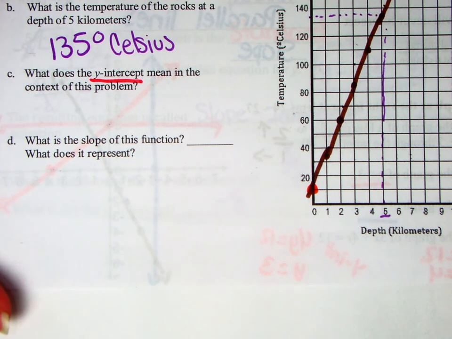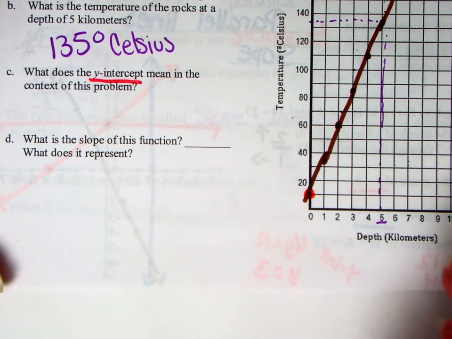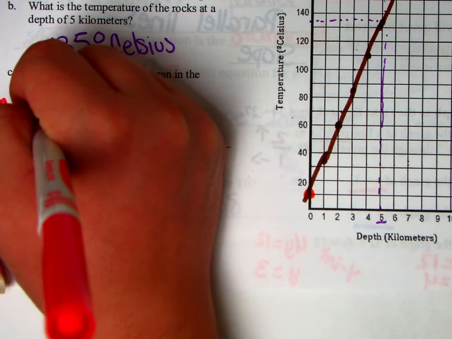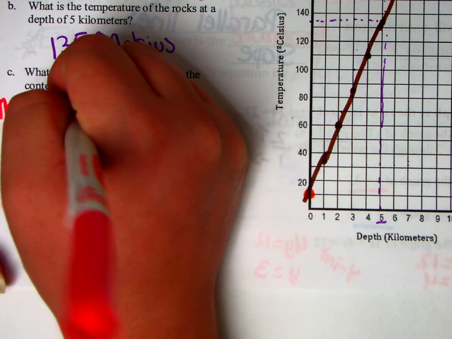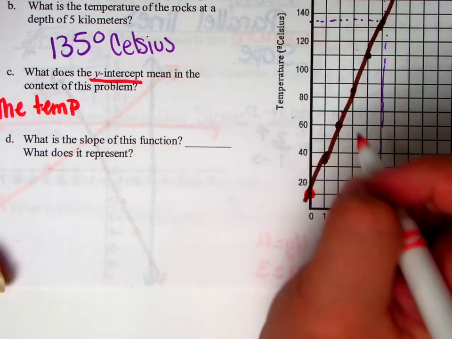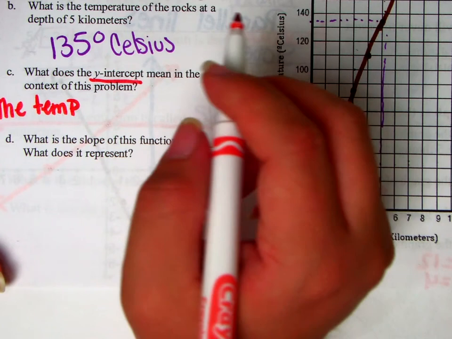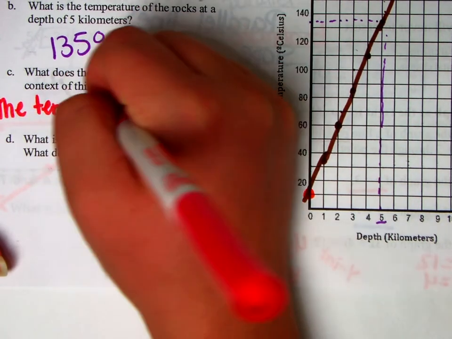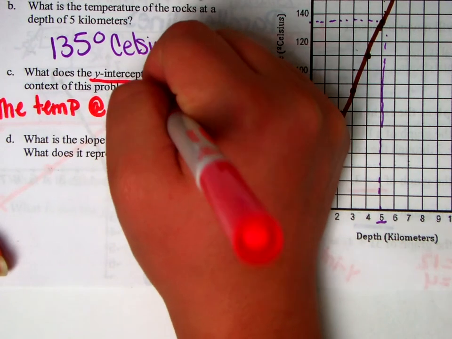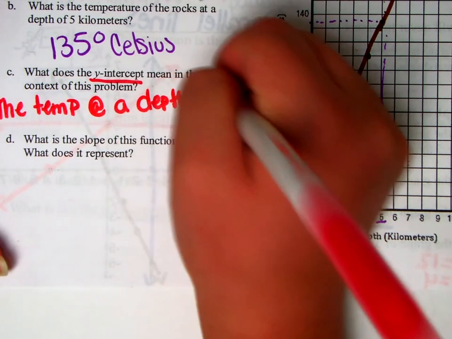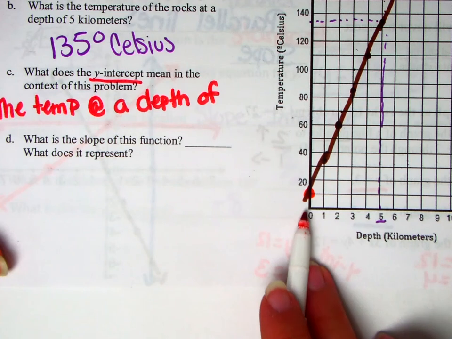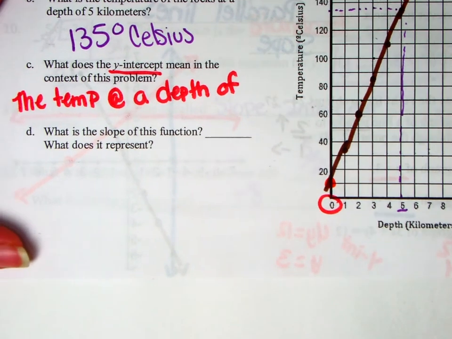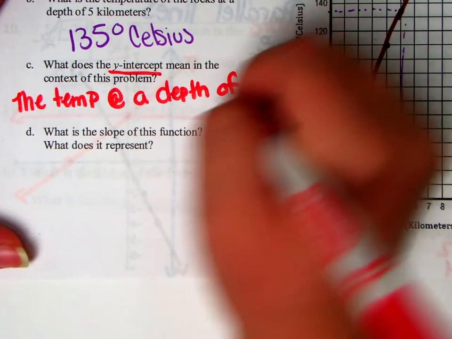So what does the y-intercept mean in the context? It means that the temperature, whenever water comes into contact with the heat, at a depth of, well, how far down did we go? We didn't go far at all. We stayed there. The temperature at a depth of 0 kilometers.